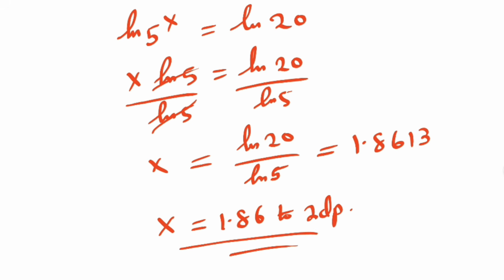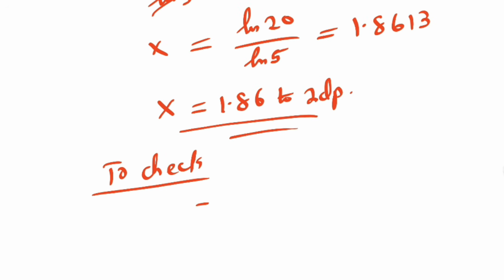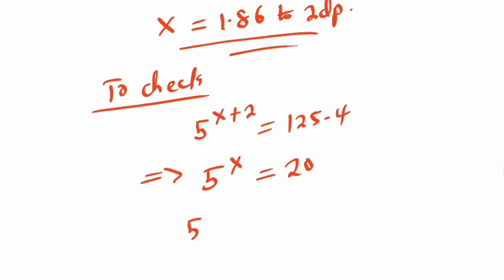Let us check to confirm if this answer is right or wrong. To check, we know that 5 raised to power x plus 2 is equal to 125 multiplied by 4, and this is the same thing as 5 raised to power x is equal to 20. Now we have 5 raised to power 1.86.